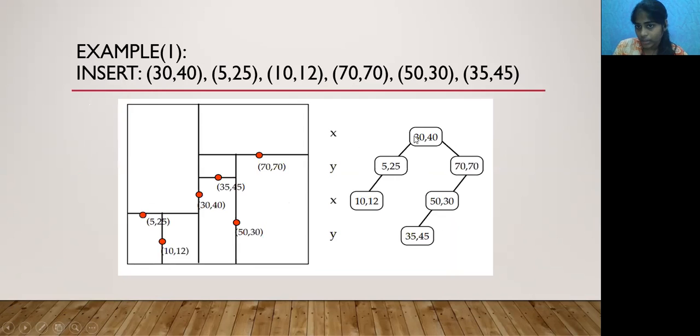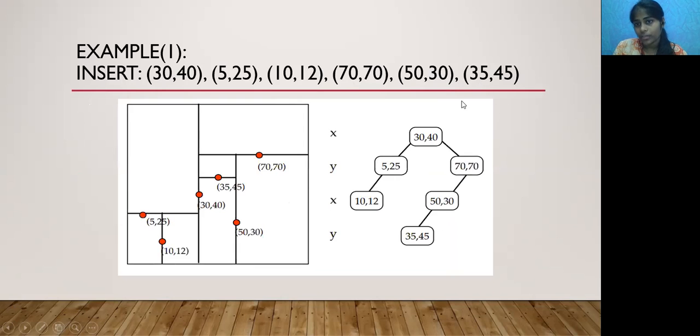After this, it's 70,70. 70 is greater than 30, so it comes onto the right side. And 50,30: 50 is greater than 30, so it comes onto the right subtree. But here, we have to compare it with the y coordinate of this node. So 30 is less than 70, so it comes onto the left side of this particular node.